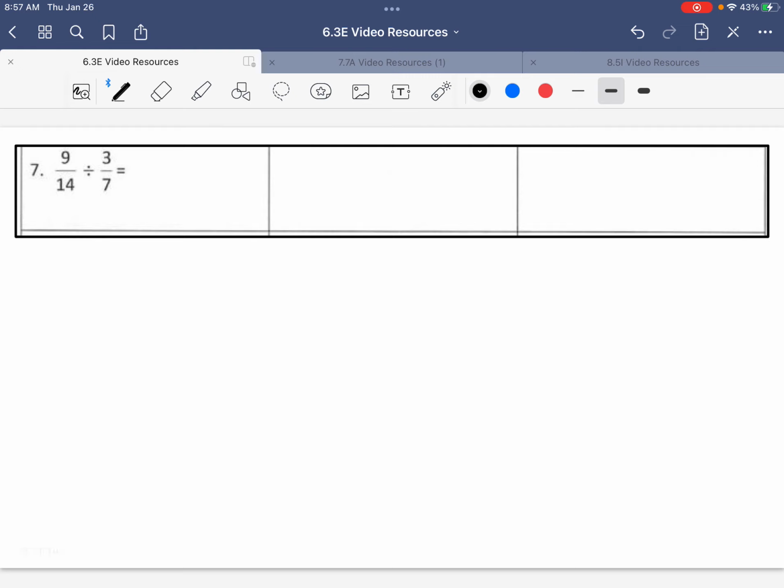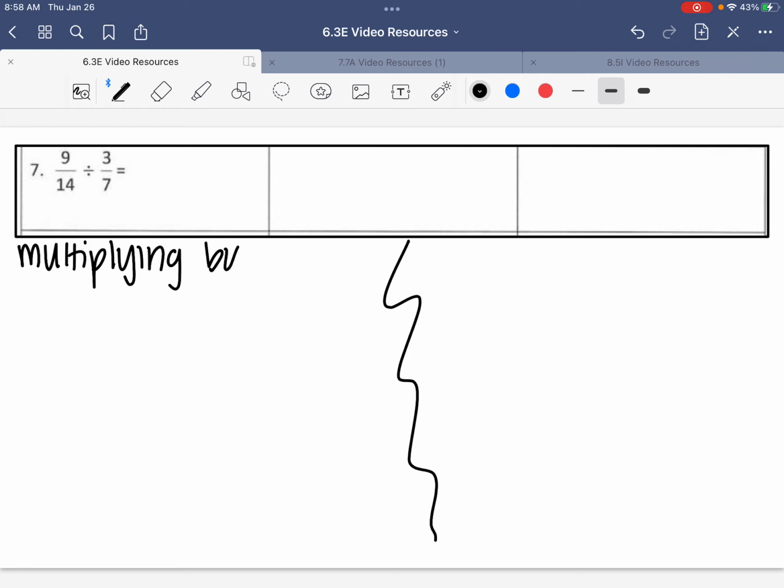Now I have 9/14 divided by 3/7. And the first strategy we'll look at is multiplying by the reciprocal. So remember, multiplying by the reciprocal means 9/14 stays the same.